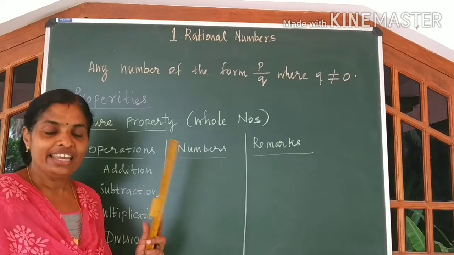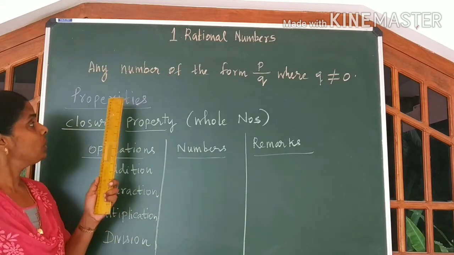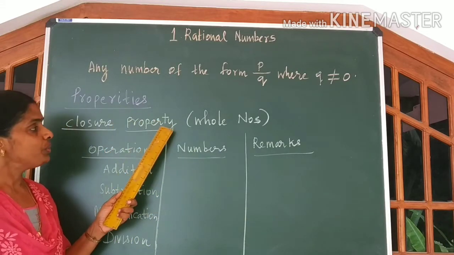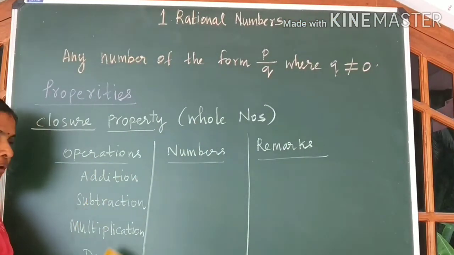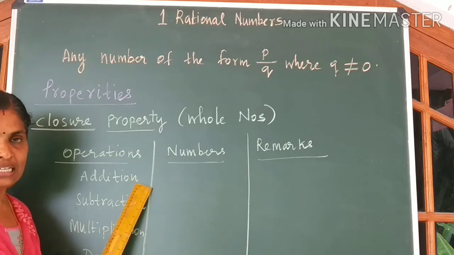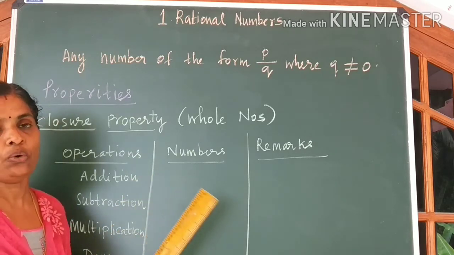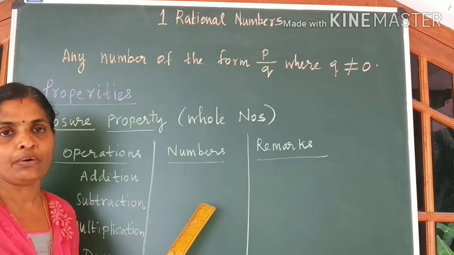Children, let us discuss the properties. First of all, closure with respect to whole numbers. The 4 operations I have listed one by one: addition, subtraction, multiplication and division. Here under addition, you take any 2 whole numbers. For example, you know 0 is a whole number.